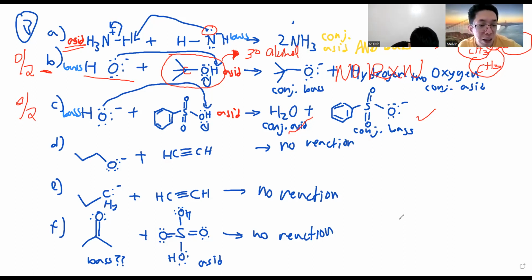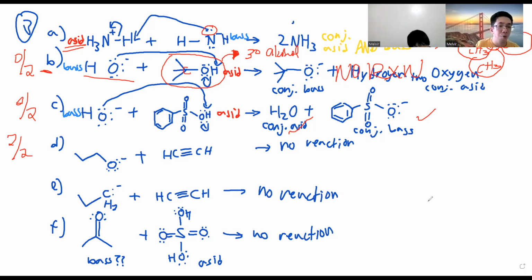Okay? Next, sa letter D naman, wow, this is actually nice. Ang letter D, actually tama ang sagot mo. No reaction ito, no? Kasi si ethine ay a very weak acid even though this is ethoxide or propoxide? Ethoxide lang ito, Josh.